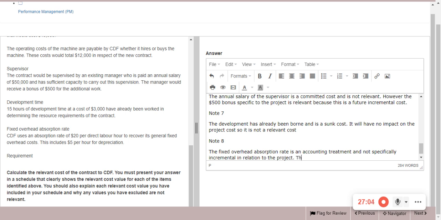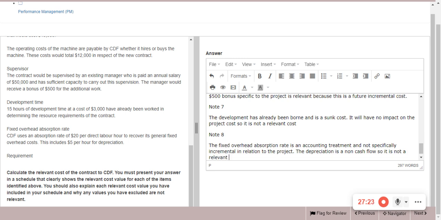Depreciation is a non-cash flow, so it is not a relevant cost.